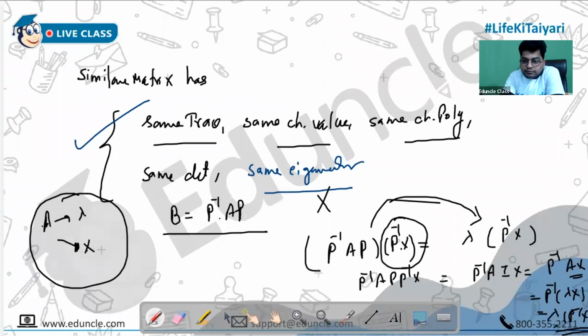Okay. So as you are saying, the geometric multiplicity, how can you say if geometric multiplicity is same, then same eigenvector?